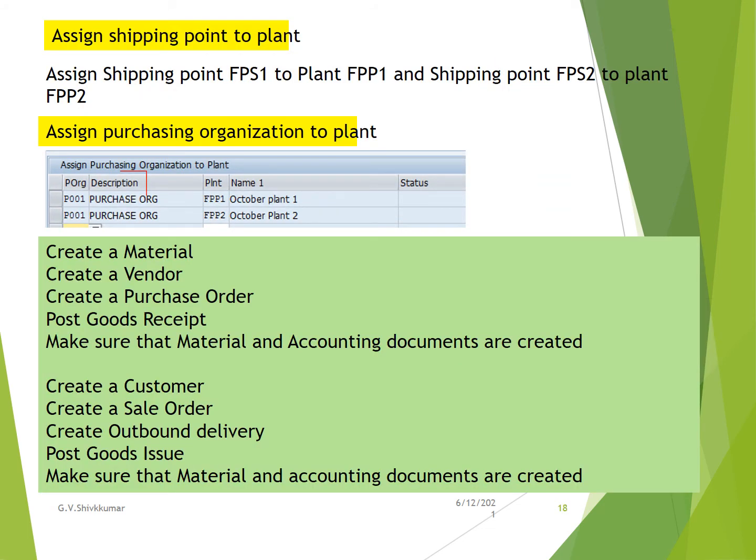So assign shipping point to plant. Okay, that is the next step. And then assign purchase organization to plant. Okay, these are the standard things.